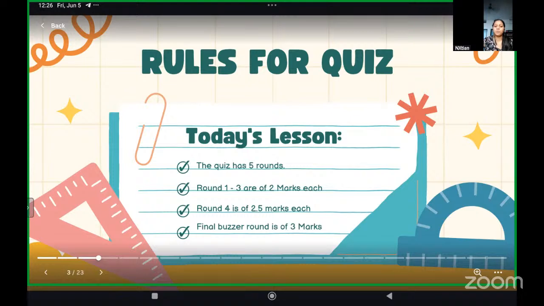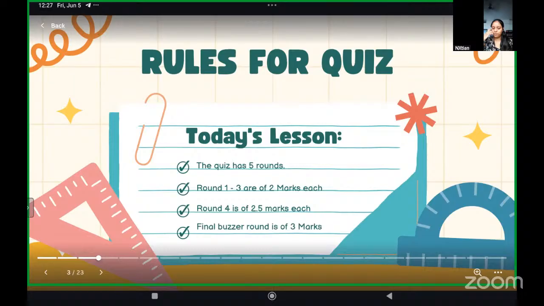Rounds 1, 2, and 3 are 2 marks each. Every question is of 2 marks in rounds 1, 2, and 3. When we move on to round 4, it is a buzzer round. Only 3 questions are there in round 4.